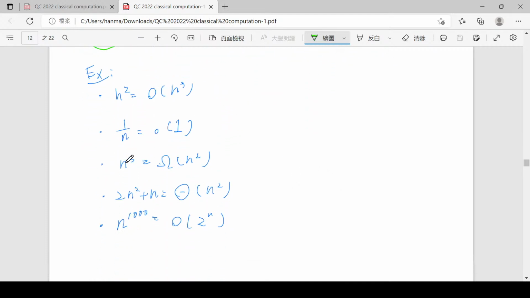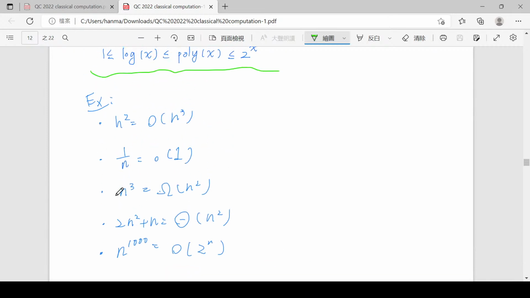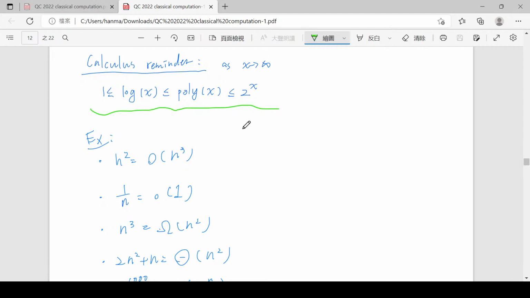So this is a quick cheat sheet. And more examples of scaling relationships: n squared is big O of n cubed. This means n squared is scaling slower than n cubed. And generally, if you have any polynomial, n to the a is order n to the b if a is less than or equal to b.